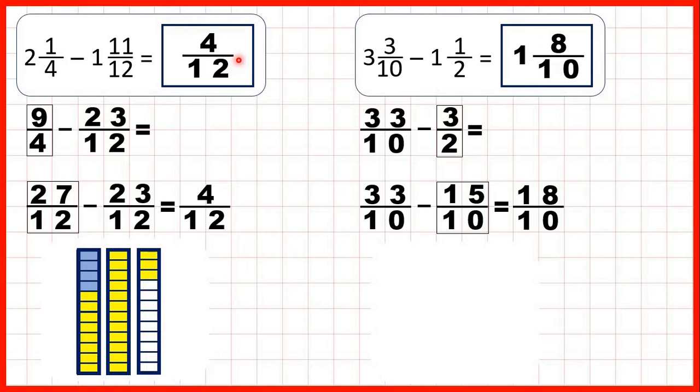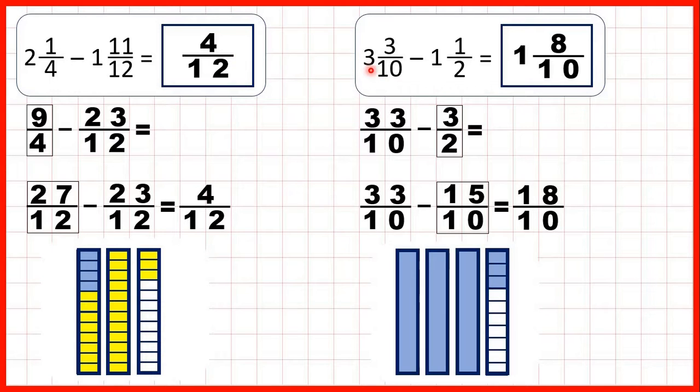as our answer. Then for this question, we started with 3 and 3/10. We changed that to 33/10, so changed it to an improper fraction. We were subtracting 1.5, but we saw that that's the same as 3/2, and 3/2 is equivalent to 15/10.